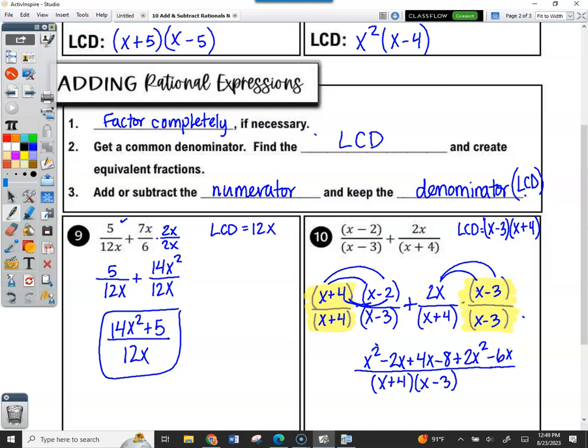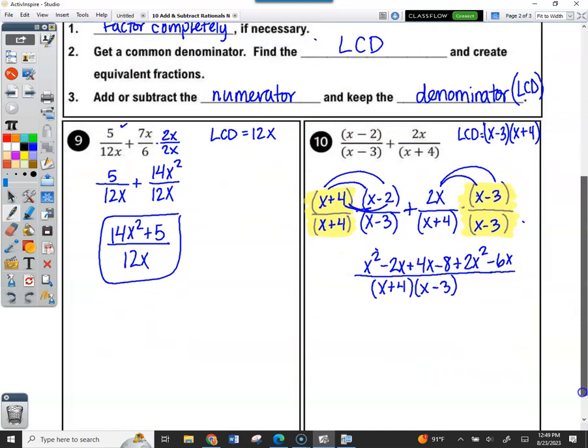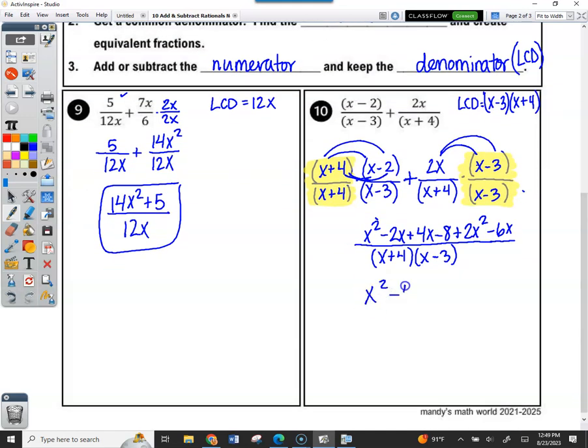So minus 4x. Yeah. See it now? Negative 2x and negative 6x. Oh, never mind. Oh, yeah. Thank you. I was trying to find the 4x. Minus 8 over the LCD.